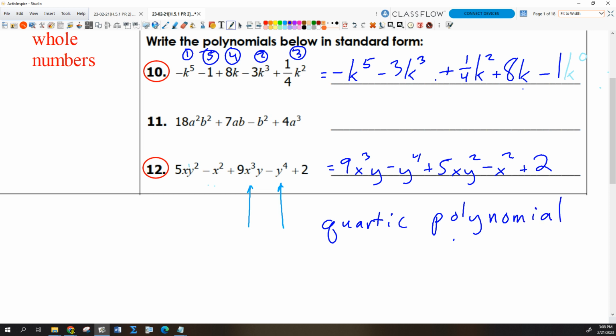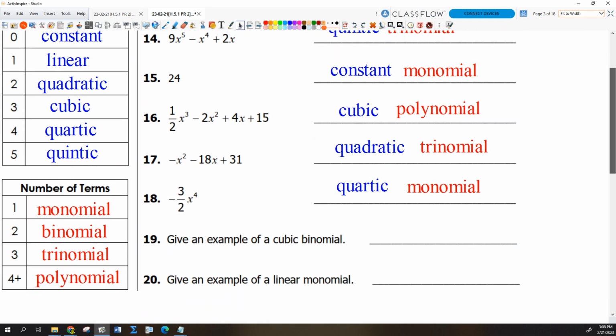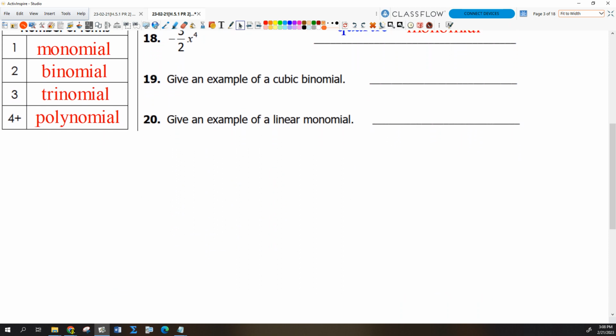Good? Right? Okay. How about, let's see, I just want an example of a cubic binomial. Just make one up. What's a cubic binomial? 24x cubed.